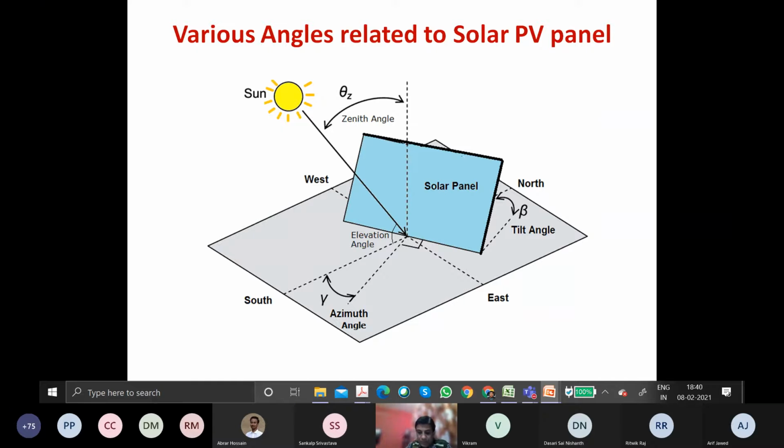Lesser band gap should be at the top, and higher band gap at the bottom, because the energy of light that reaches the bottom will be very little.